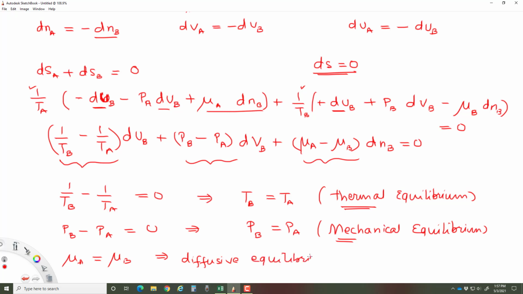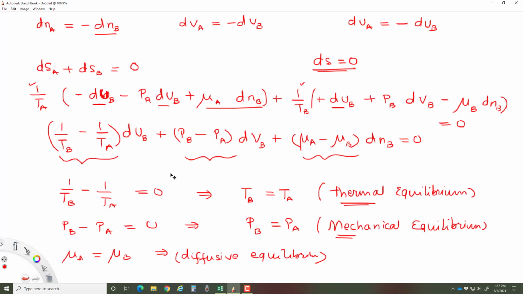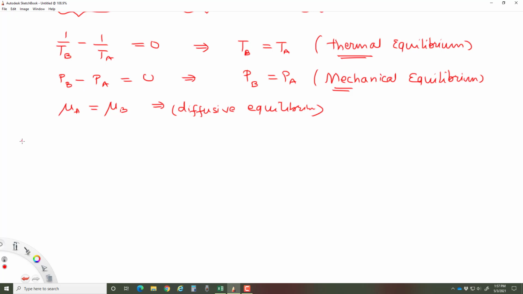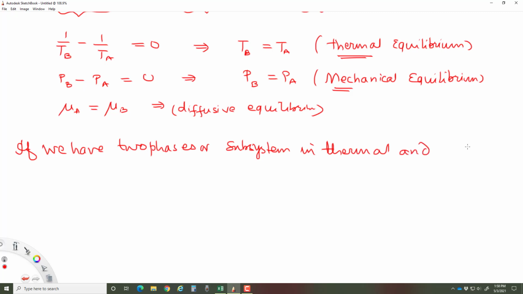Okay, so we can say that if we have two phases, which could also be two subsystems, like ice and water, not two substances, sorry, subsystems, in thermal and mechanical equilibrium, then there must also be diffusive equilibrium.